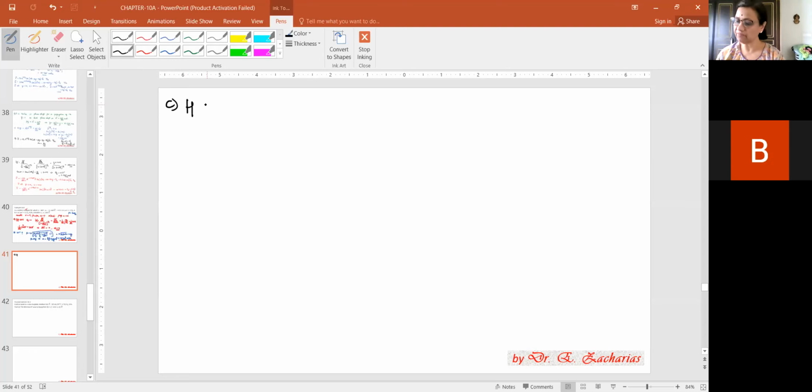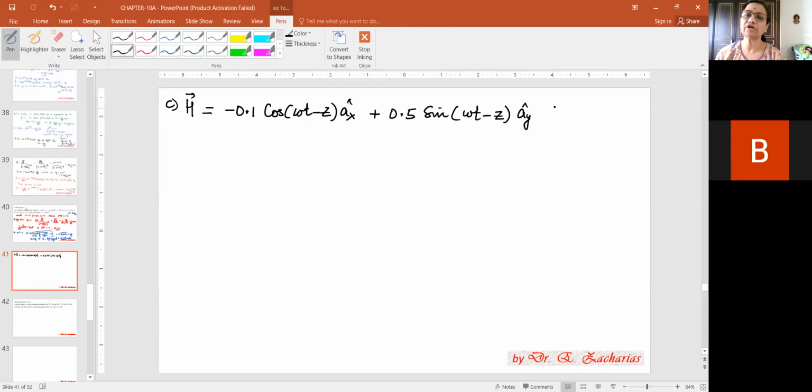Let me first write the basic expression for the H equation. H is going to be minus 0.1 cosine of omega t minus z along the ax cap direction, plus 0.5 sine of omega t minus z along the ay cap direction, and the unit obviously is ampere per meter.